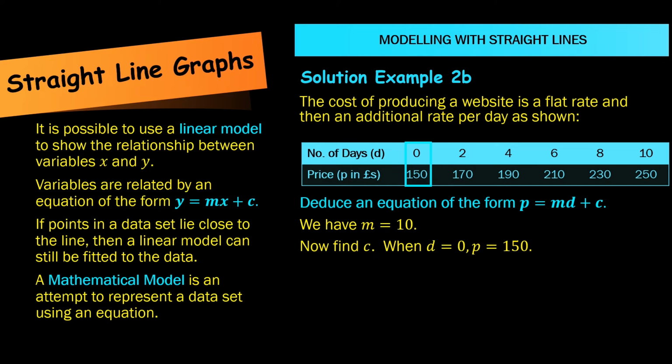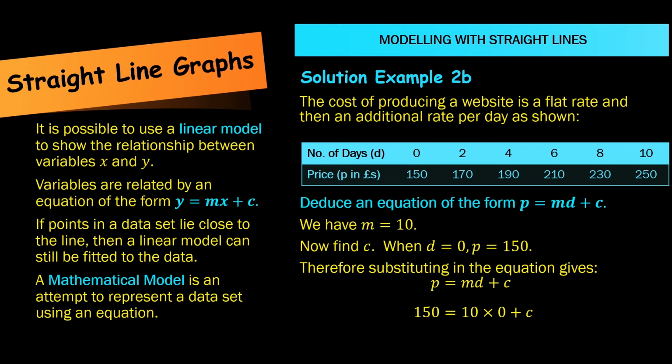Now let's find c. When d is equal to 0, P is equal to 150. So let's plug this into our equation. So substituting in the equation P equals m times d plus c gives us 150 for P is equal to 10 for m times 0 for d plus c.